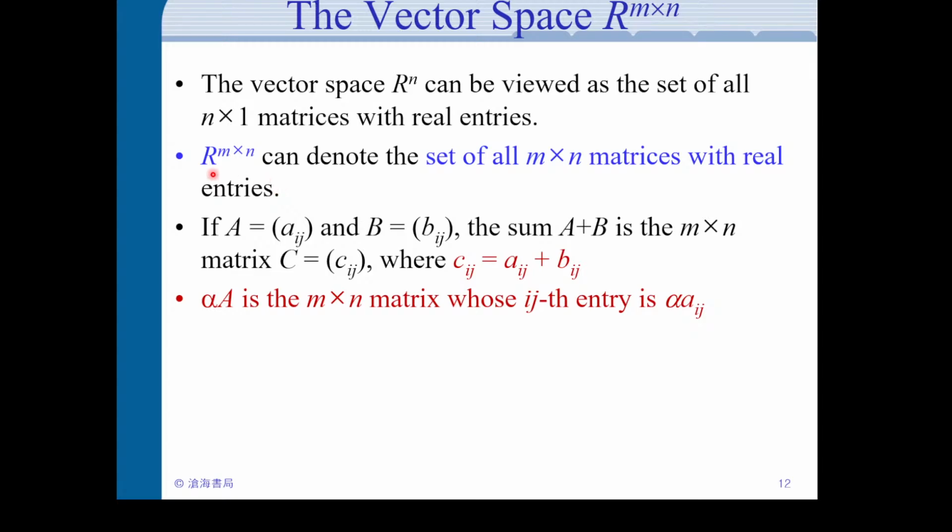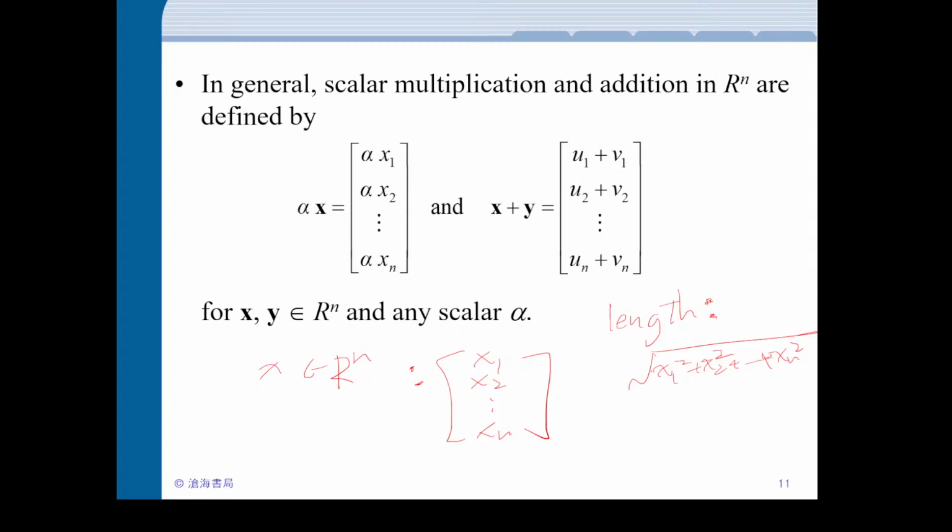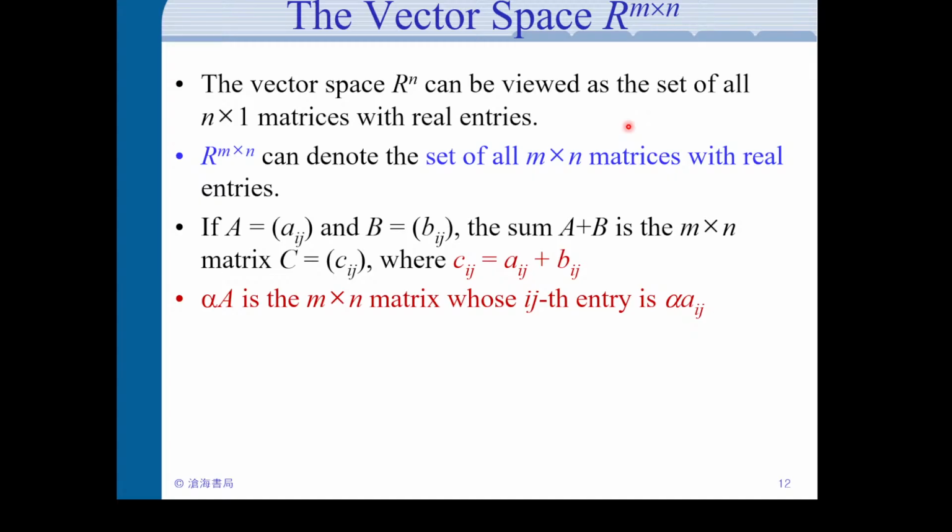So this set of n by n matrices with real entries is definitely a set. But for a vector space, we want something more than just a set of things. We also want, as we'll see very soon, scalar multiplication and addition. And so here we define the scalar multiplication and addition, and they are what we expect from matrix algebra.